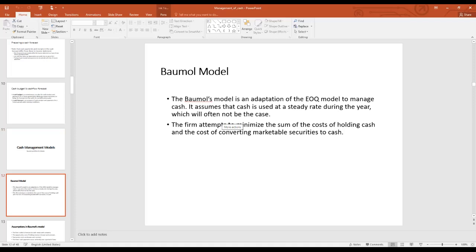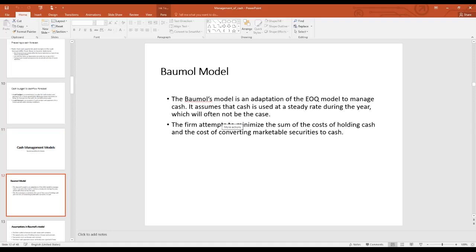The Baumol model is referred to as a readaptation of the EOQ model, which we used when we were discussing inventory management. It's actually the EOQ, but now we're going to be using this EOQ model for cash management.